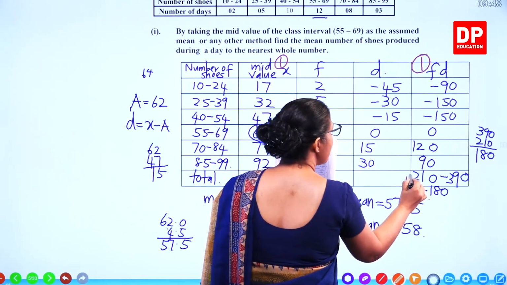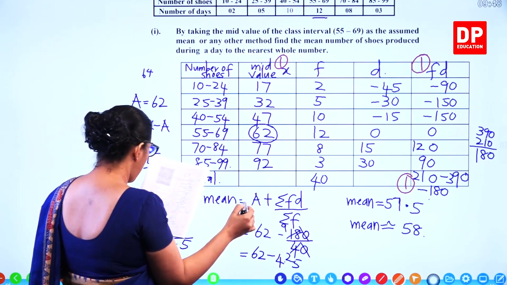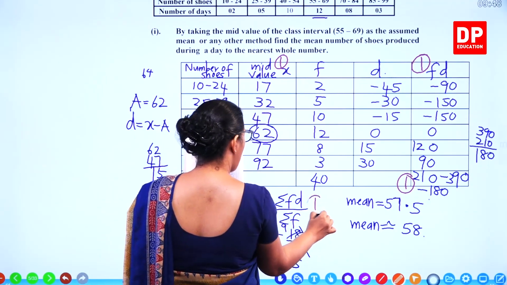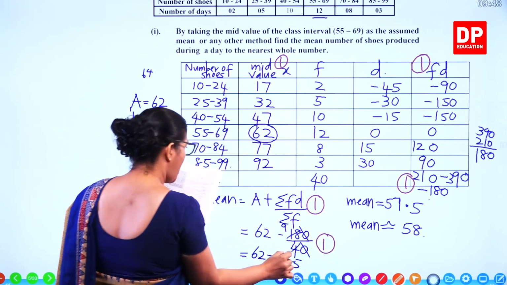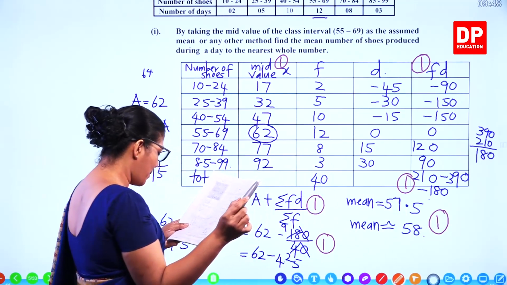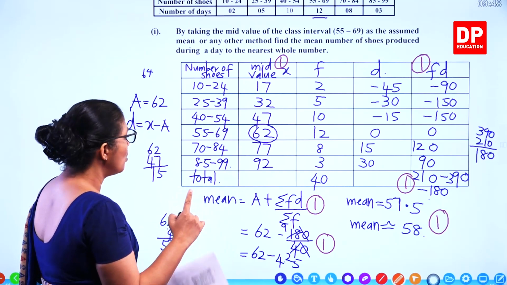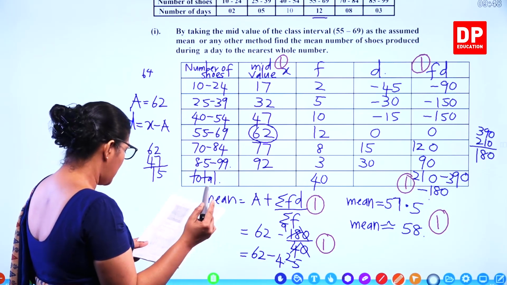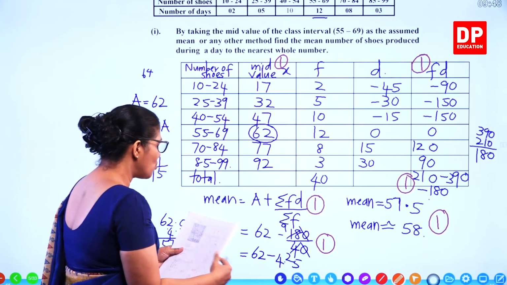Total minus 180 1 mark, and writing this down, 1 mark, substitution 1, and finding the answer correct to the nearest whole number, 1 mark. So 1, 2, 3, 4, 5, 6 marks for this step. So let's do the next one.